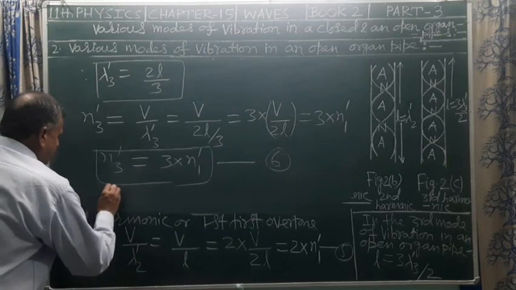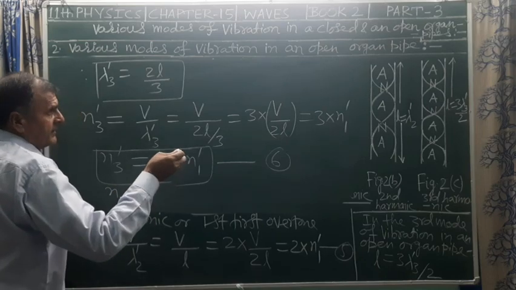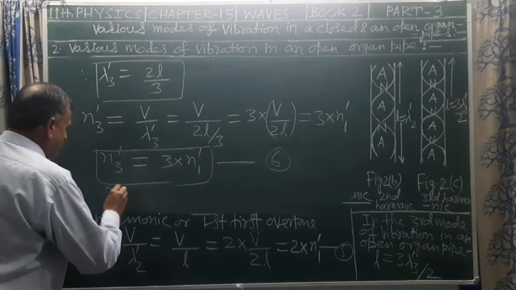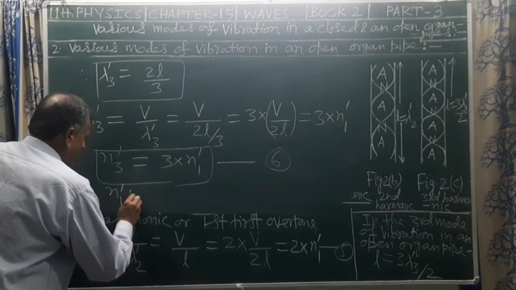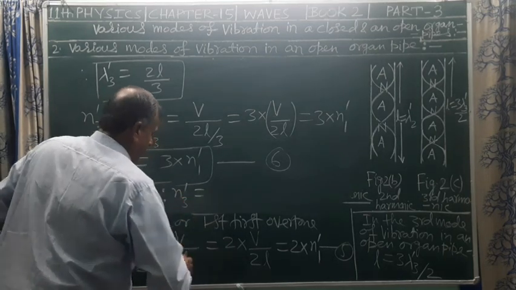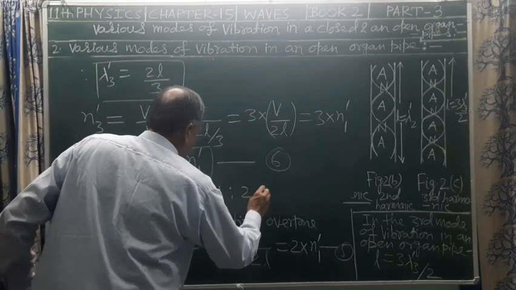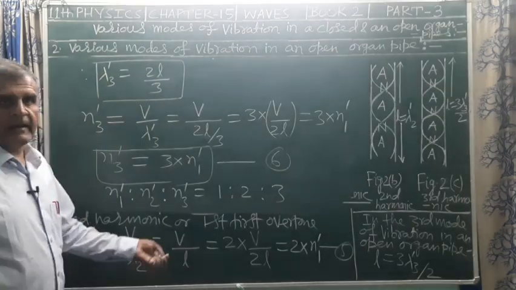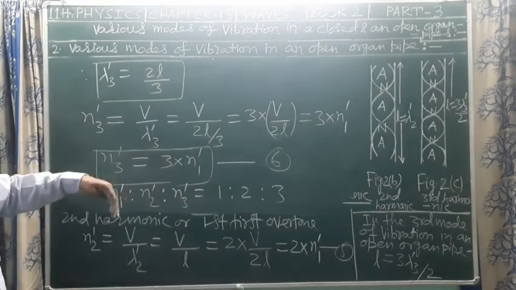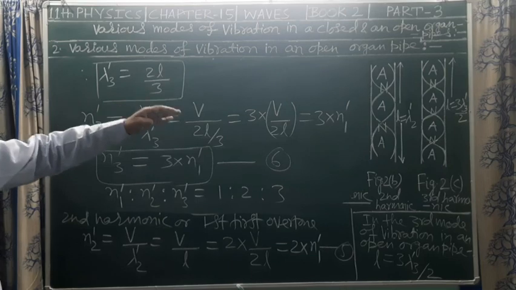So it is clear that the ratio of different frequencies produced in various modes of vibration in an open organ pipe is N1 dash ratio N2 dash ratio N3 dash equals 1 ratio 2 ratio 3, that is, even and odd harmonics, that is, all harmonics are present in various modes of vibration in an open organ pipe.